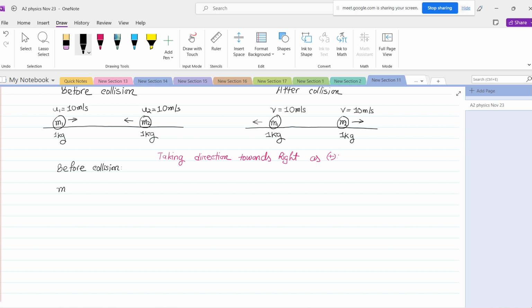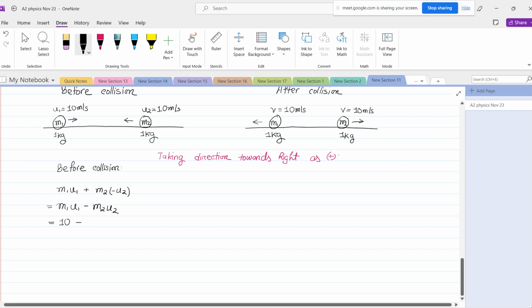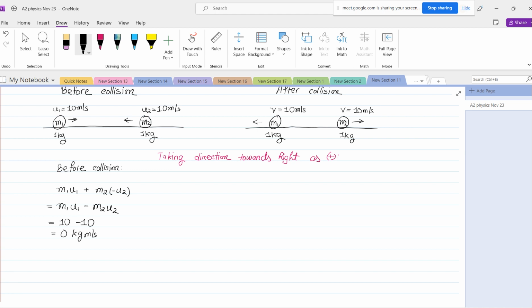So we can write m1 u1 plus m2 times minus u2. The final equation would look like m1 u1 minus m2 u2, and it will be 10 minus 10, and the final value for the before collision momentum would be 0 kg meters per second.